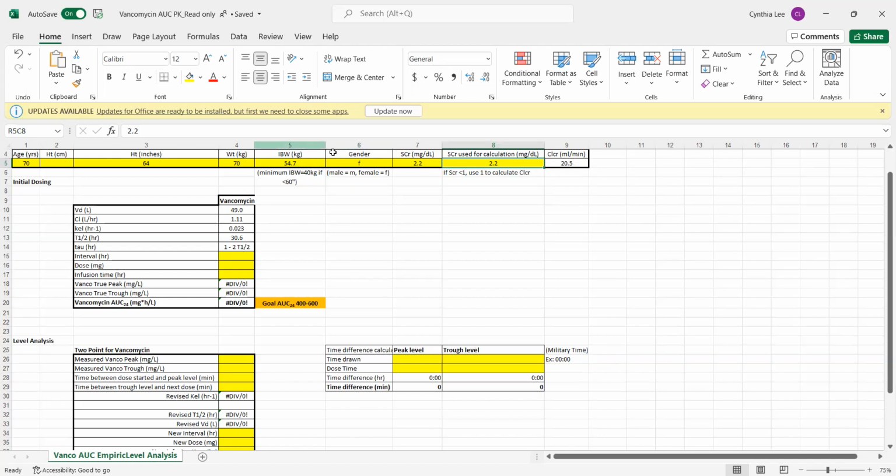If they're obese, BMI more than 30, then I would want to use the adjusted body weight instead of the ideal body weight. This calculator would not calculate based on the adjusted body weight. So you have to calculate on your own, and if your creatinine clearance is different than what they're automatically calculating here, then you just input it in here. You can just type it in.